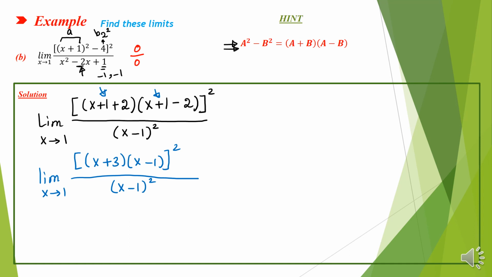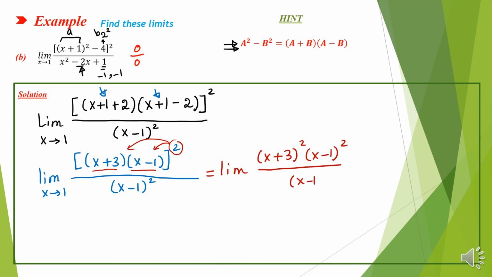The next step, we have two functions multiplied with each other and we have power 2 here, so you have to distribute power 2 to both functions. It is the distributive law. So we have the limit of (x plus 3)^2 multiplied by (x minus 1)^2 divided by (x minus 1)^2 when x goes to 1.